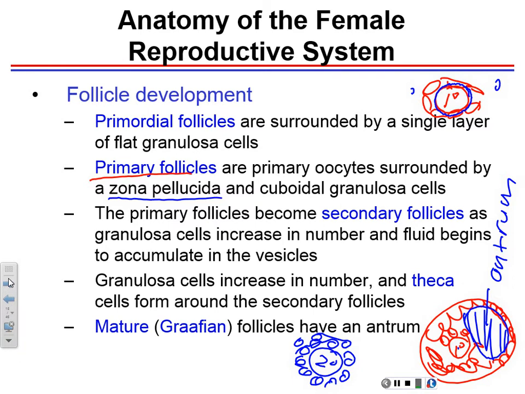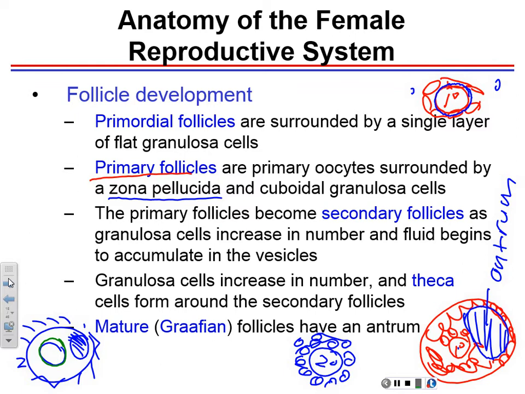It will form two layers when it's now the secondary follicle. So you have a layer here, the theca externa here, and then the egg cell surrounded by the zona pellucida, like that. And then you have the fluid-filled antrum here. And that's the mature follicle. So you have flat granulosa cells surrounding the primary oocyte, and the primary oocyte also has the zona pellucida.